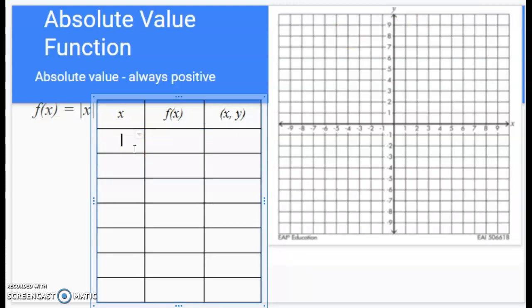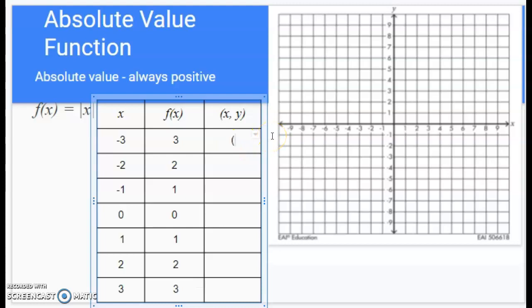If I have -3, the absolute value of -3 is always going to be a positive 3. Then -2 gives +2, -1 gives +1, the absolute value of 0 is just 0. We have 1, and then 2, and 3. If it's already positive, it just stays positive.